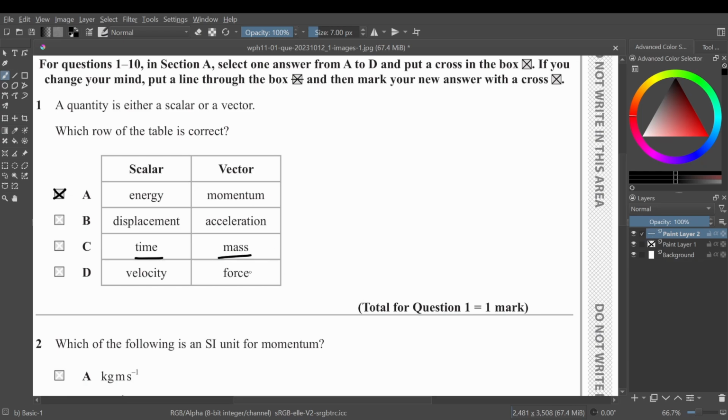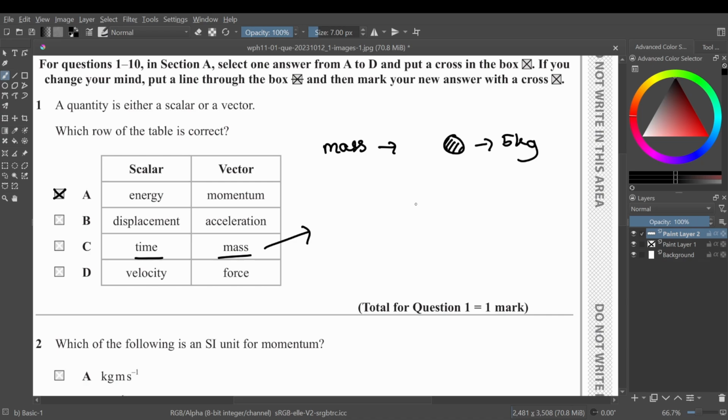The only problem is that mass is in the wrong position. Time is in the right position, right? Say this ball has a mass of 5 kg. Whether you move it towards the right side, left side, or anywhere else, the mass will not change.